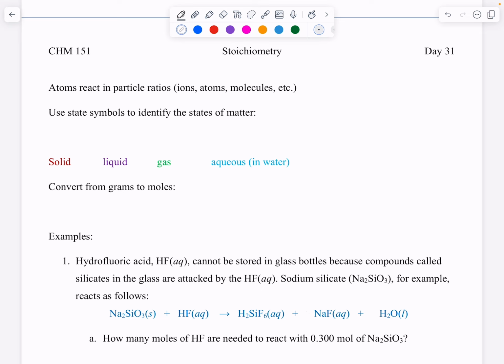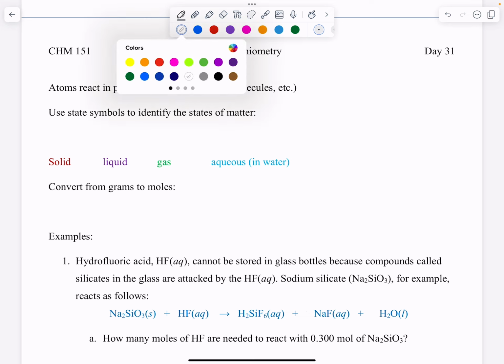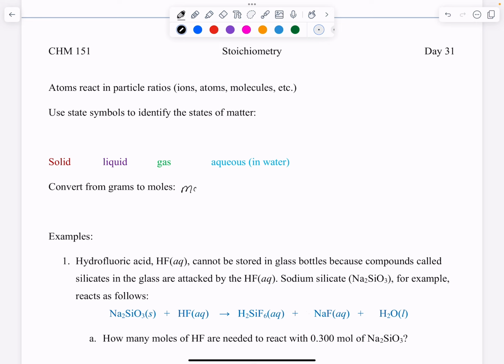Now, we're doing chemistry, unlike baking or cooking. We're doing atoms reacting in particle ratios. However, we don't use particle measure scales. We use mass. And so converting from grams to moles, you're going to need to use molar mass.